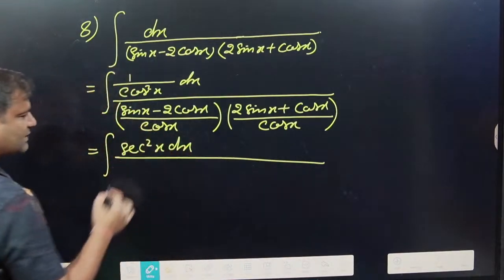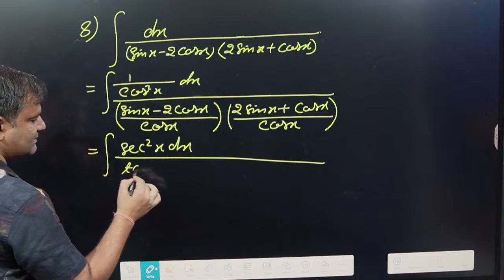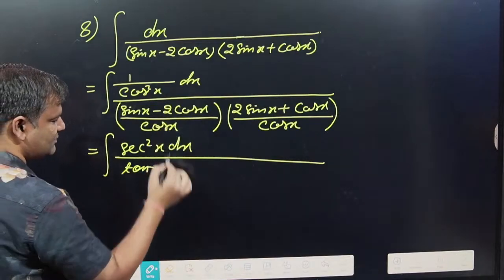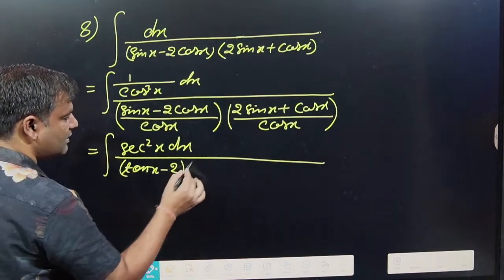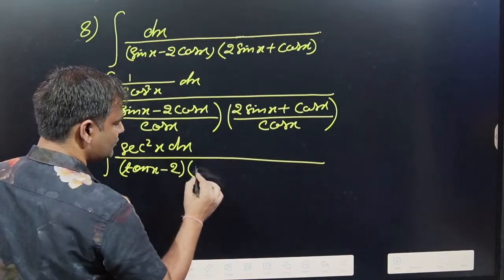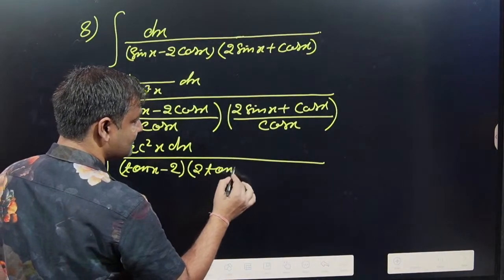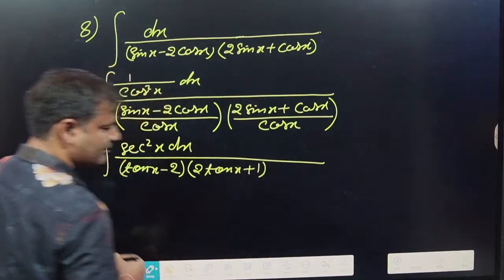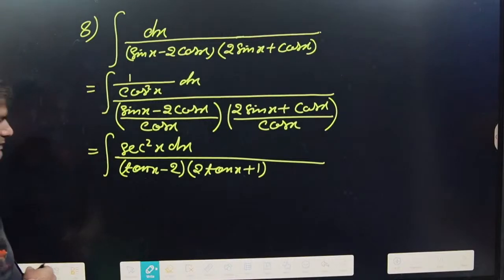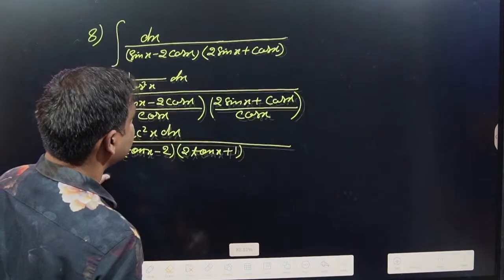And what about that value? Sin upon cos is tan x, so (tan x minus 2) into (2 tan x plus 1). After that, look here very carefully.